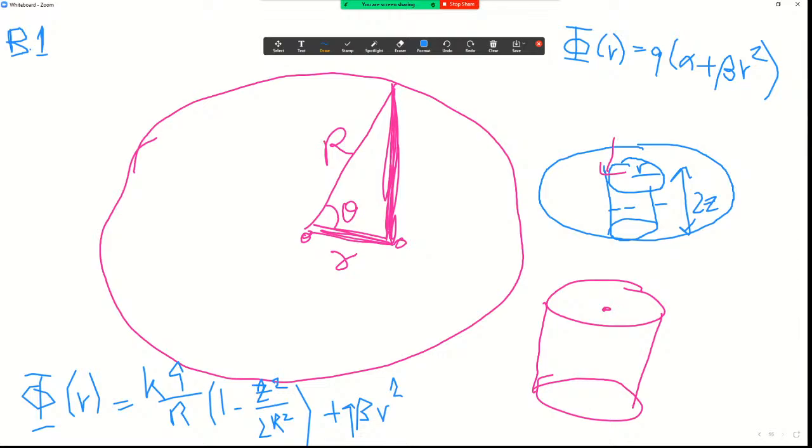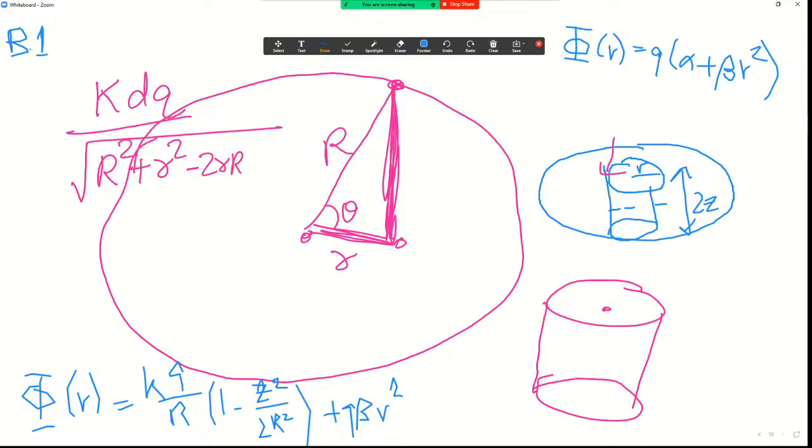We can use that. So we have k dq by square root of R square plus small r square minus 2Rr cos theta, and integrate. dq is lambda R d theta, and we have to integrate from 0 to 2 pi.